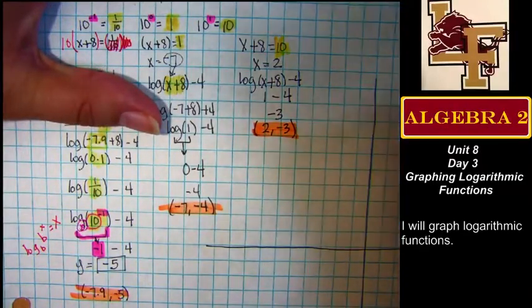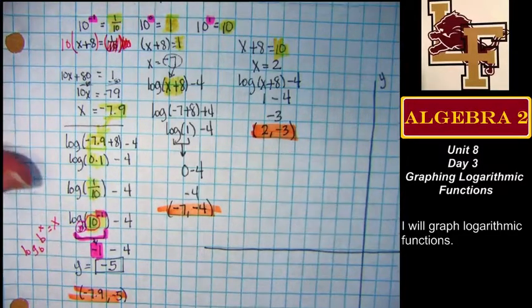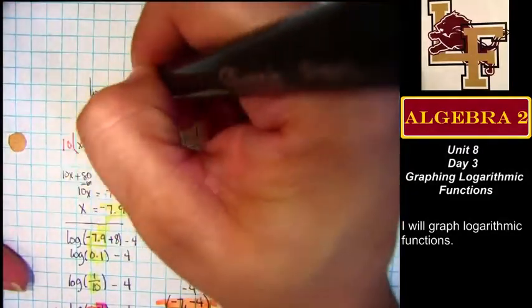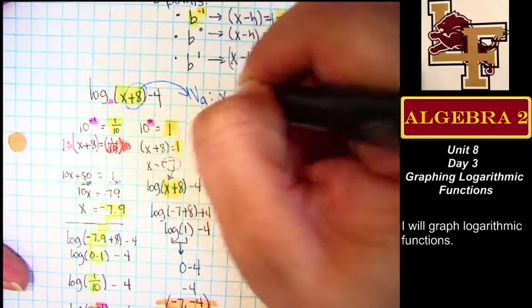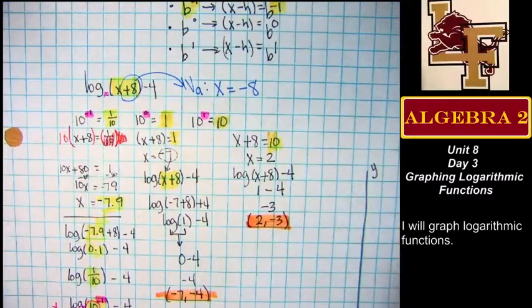I need 4 bits of information to graph this thing. I need these 3 points, and I need the vertical asymptote. Here's your vertical asymptote. So my vertical asymptote is at -8, and then I have 3 points. So those are going to be the 4 things that I graph in order to sketch this out.